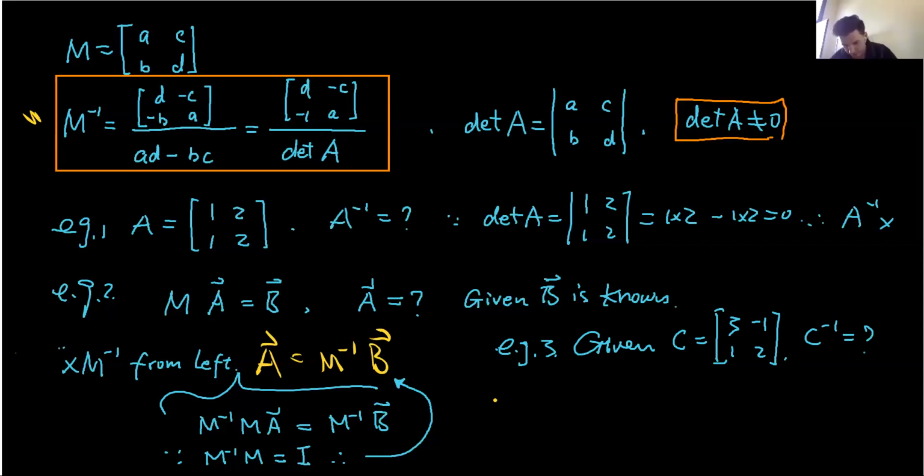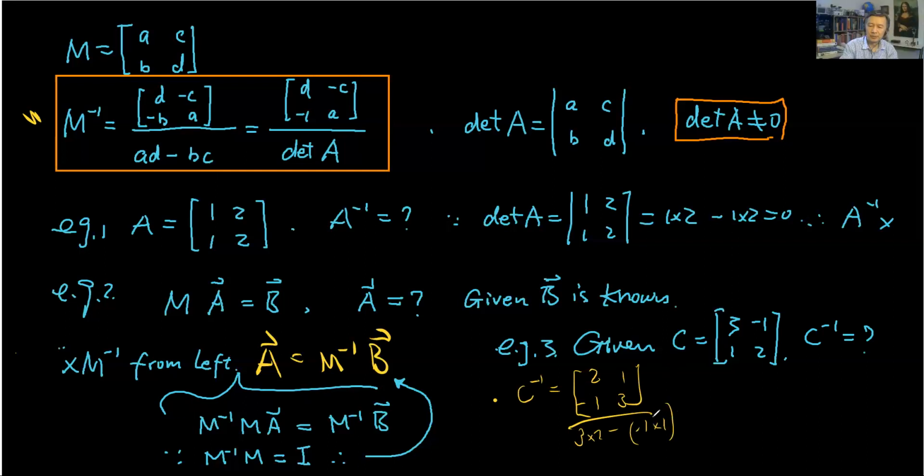That would be C inverse equals 2, 3, 1, negative 1, divided by 3 by 2, take negative 1 by 1. Good.